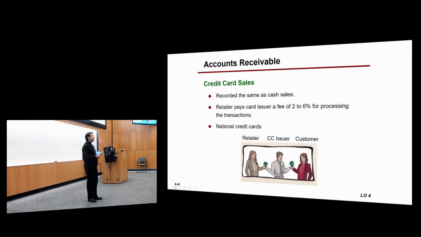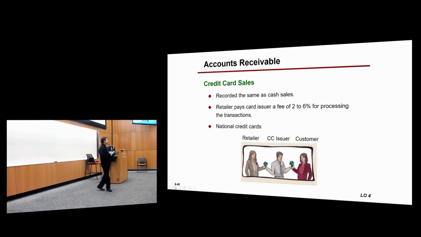You as a customer will owe the money to your credit card issuer, your bank, for example. Best Buy receives the money directly from the credit card issuer, minus the fee that we just mentioned.